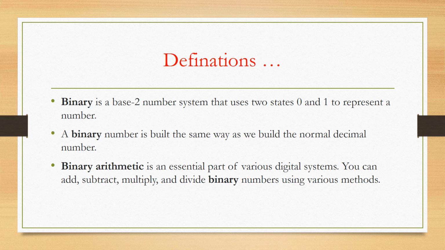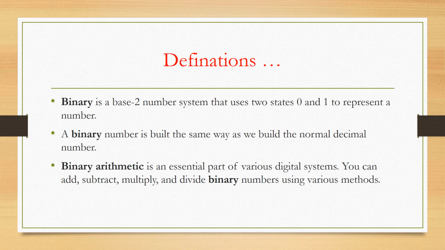Let us recall the previous video in which we learned the different definitions, like binary is a base 2 number system that uses two digits, 0 and 1, to represent a number, where 0 represents off and 1 means on. A binary number is built the same way as we build the normal decimal number.